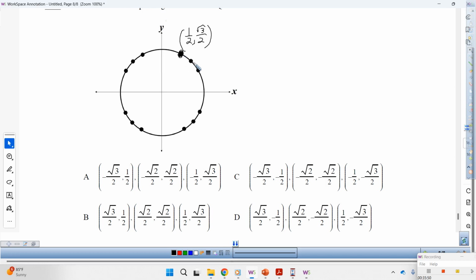I'm going to skip the middle one and go to this one. That one is the same coordinate, but switching them: square root of 3 over 2, 1/2. Everybody see what I did? And then this is the easiest one because it's just square root of 2 over 2 twice.